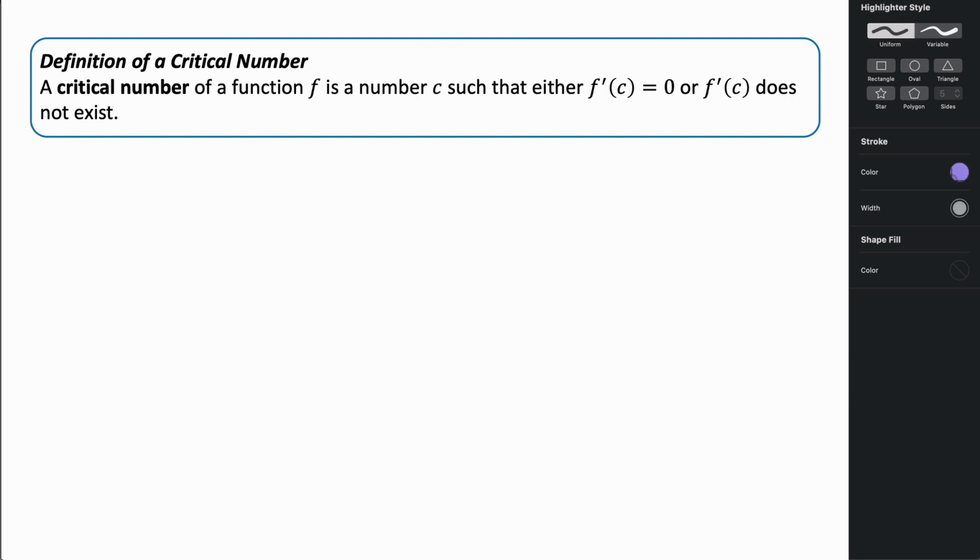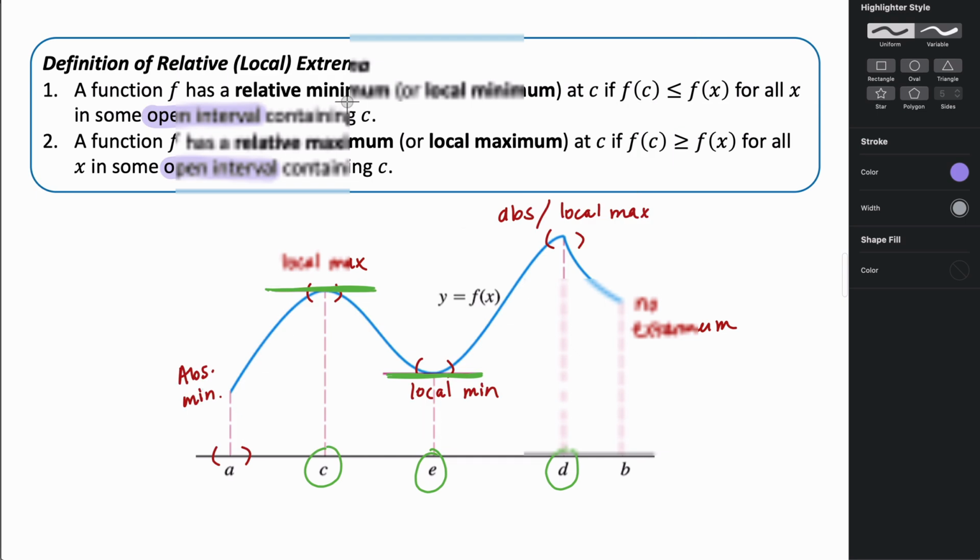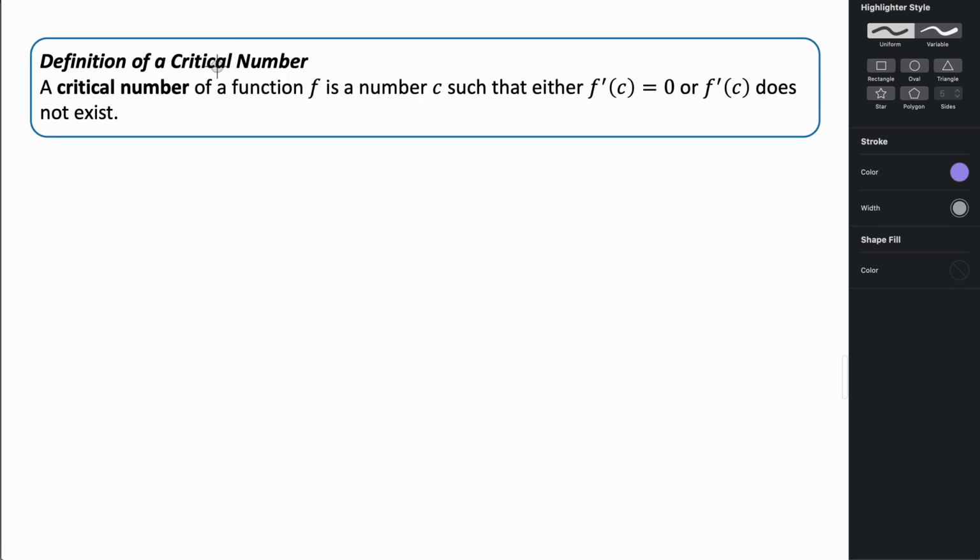Now, what are we looking for when we're trying to determine maximums and minimums? To help us figure out where a maximum or a minimum could occur, our slope is either going to be 0 like this, or it's going to be undefined. Those points where our derivative is 0 or undefined, we call critical numbers.